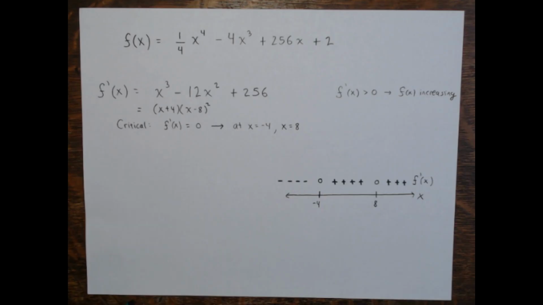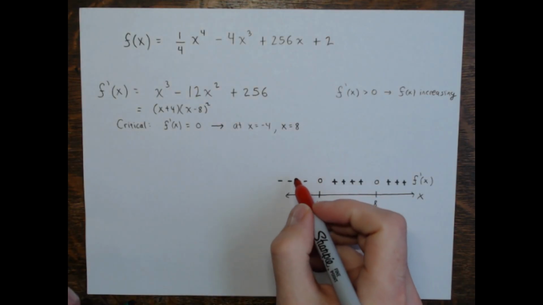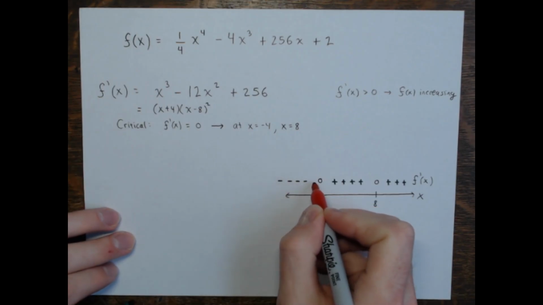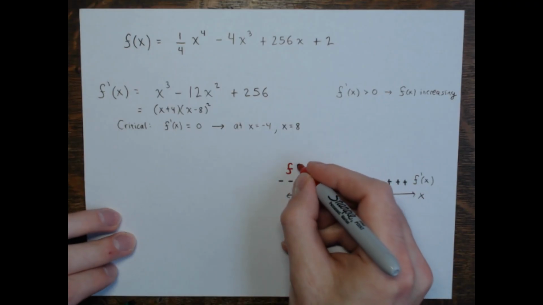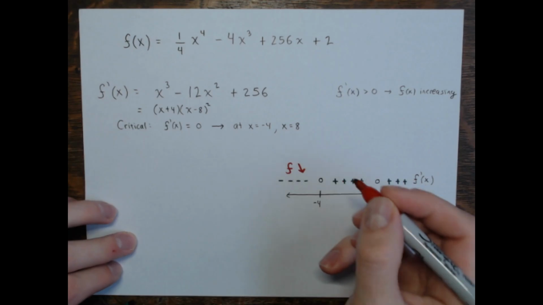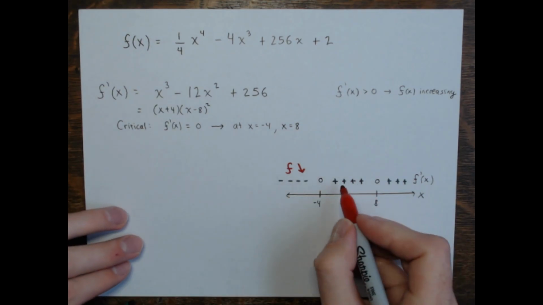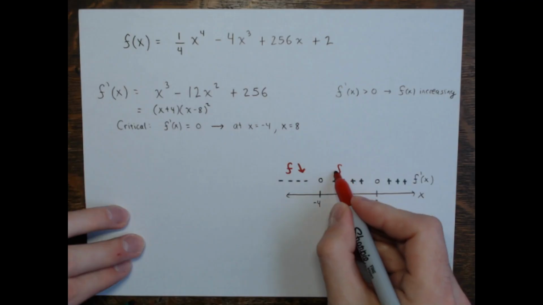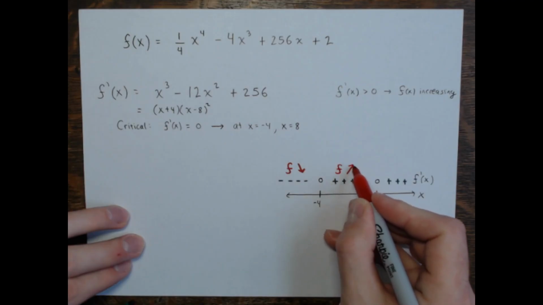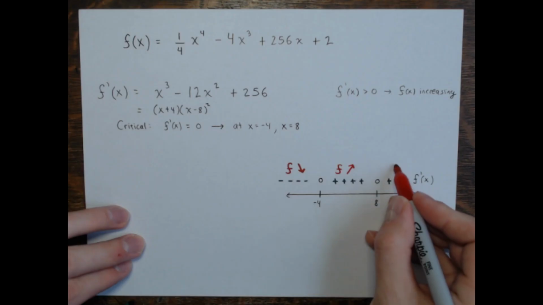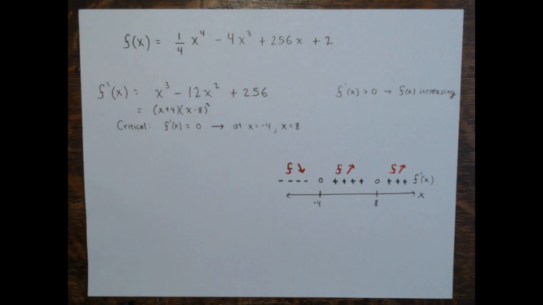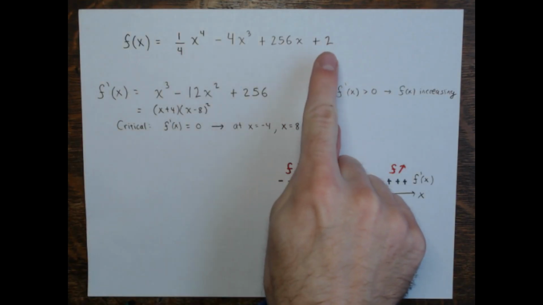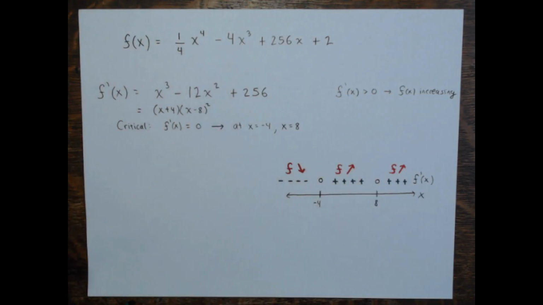So remember what that tells us about f. So this interval from -infinity to -4, the graph of f will be decreasing. I'll just put a little down arrow here. And then the rest of the time, the derivative is positive. So f is increasing between -4 and 8, and then continues to increase after 8, right, with the positive first derivatives. And we'll put a graph of f up later and see that that's happening.